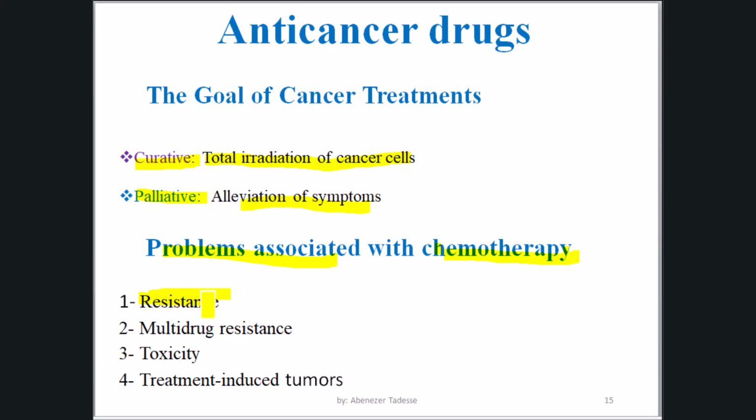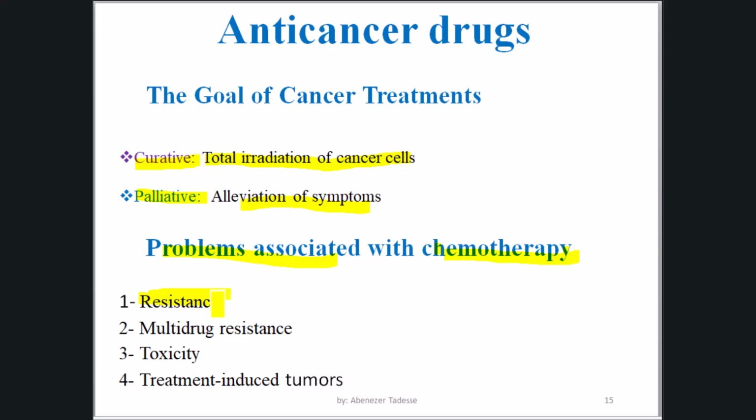It's due to decreased permeability, especially related to solid tumors. Solid tumors by nature are intrinsically resistant to entry of chemotherapeutic agents, as well as acquired resistance after exposure to the drug.